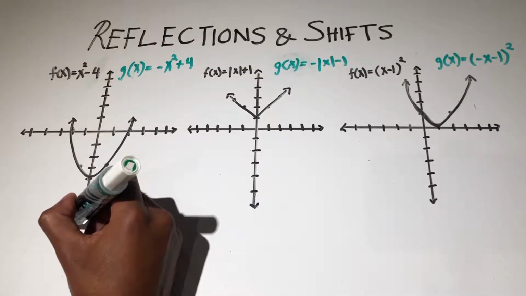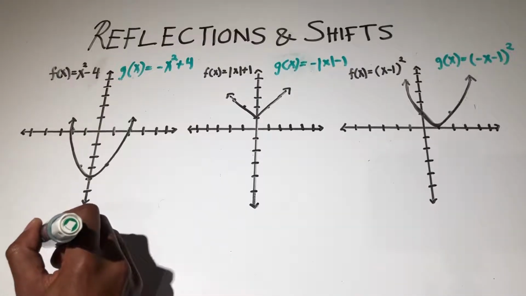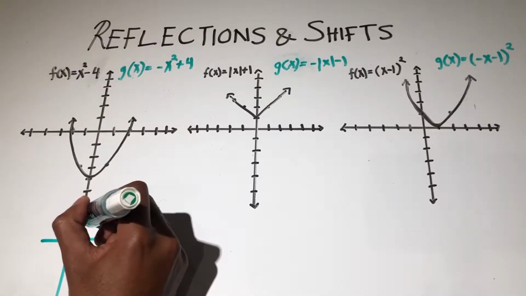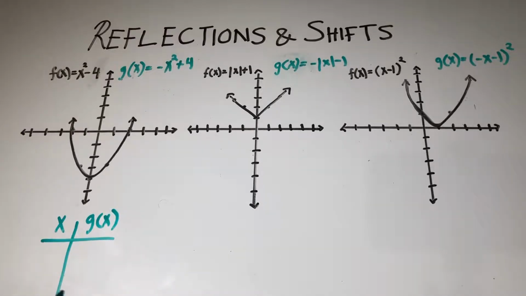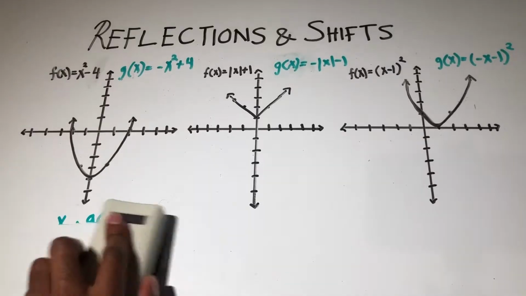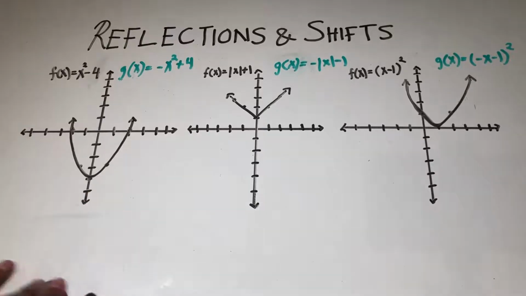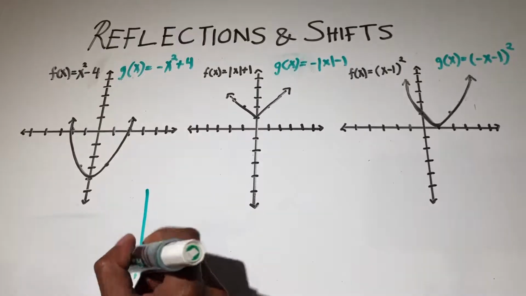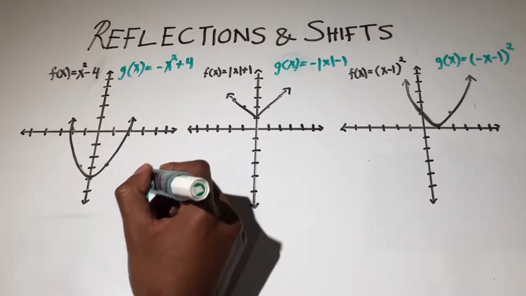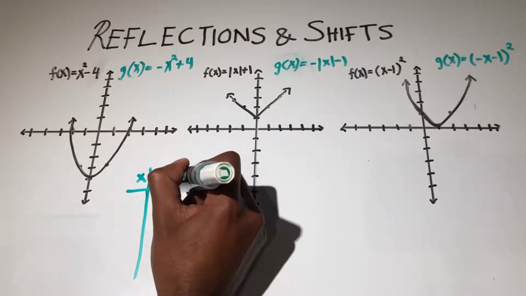So if we were to construct a table of values, we can go ahead and just do that. We have x and g of x.